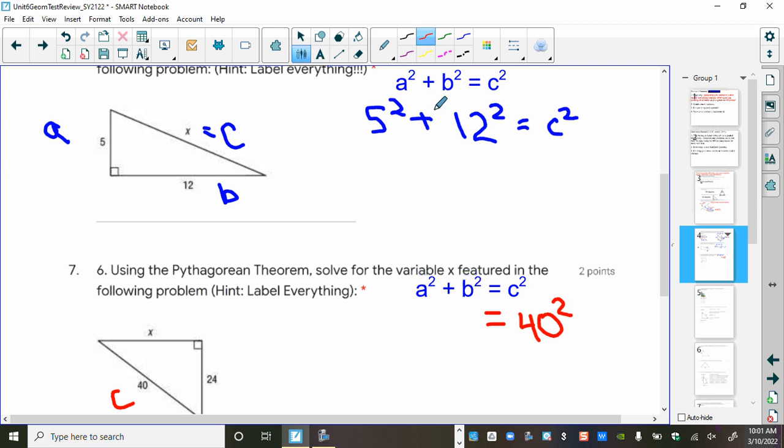But unlike problem 5, problem 6 though, or 6, 7 rather, than the top one, the bottom one, well, what's going to be A, what's going to be B? Who could tell us real quick for the bottom triangle? Which one's A, which side is B? Or does it not matter? Doesn't matter.